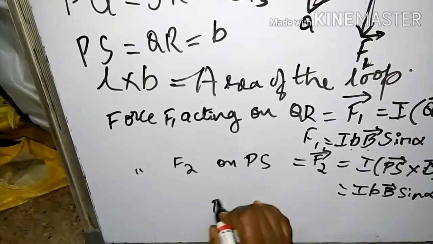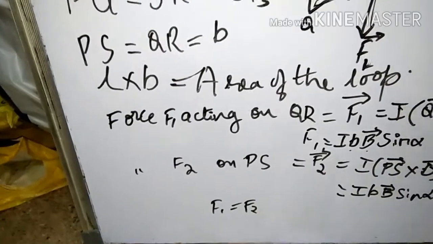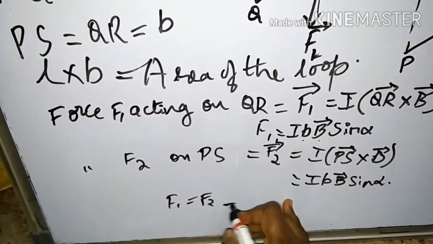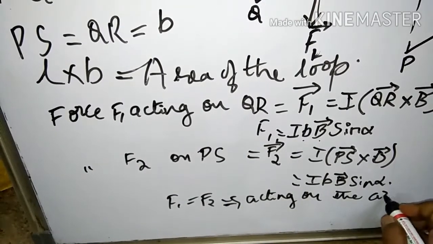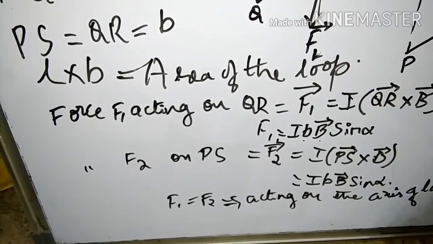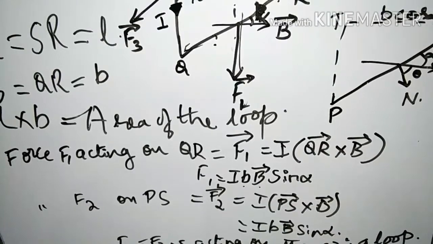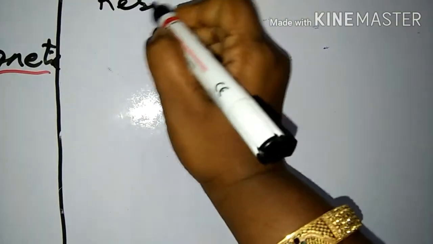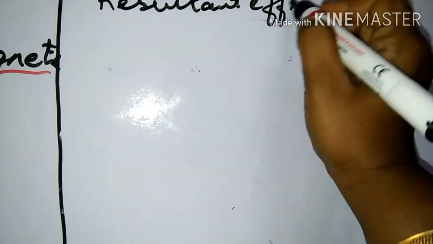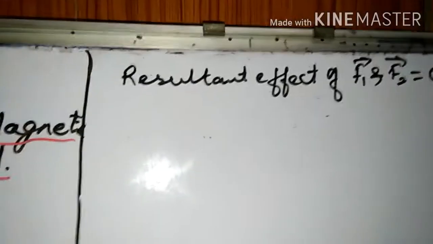Therefore the resultant effect of F1 vector and F2 vector is equal to 0, because they are acting on the axis.